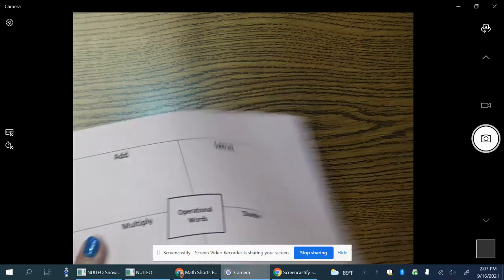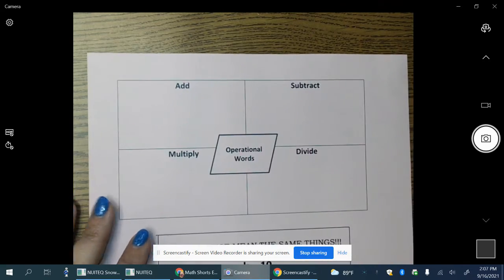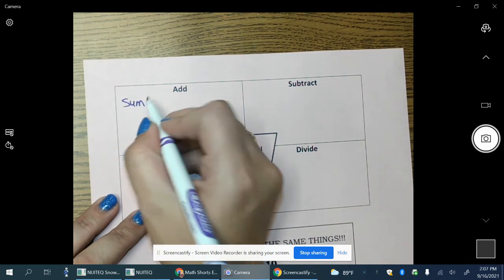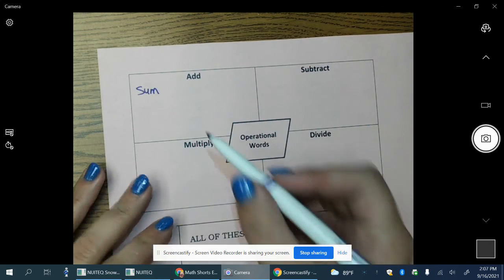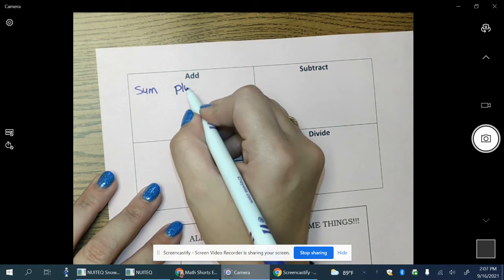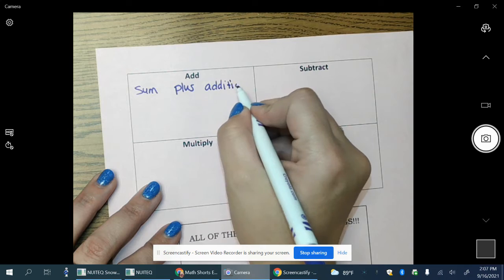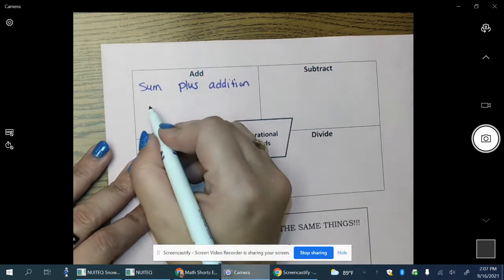What is the answer to an addition problem? Sum. Good, Bella. Sum. Okay. What are some other words that I know mean add? Plus. There is an additional fee. When you go to the grocery store and they tell you how much you owe, what do they say?